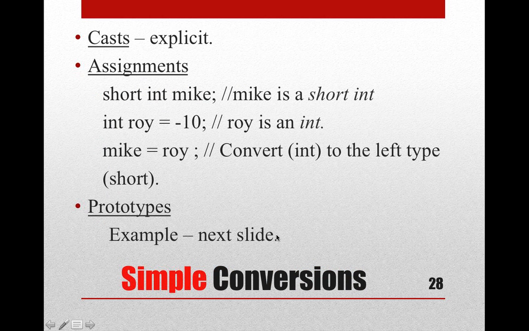I have one on assignments here. If Mike is a short and Roy is an integer, you're setting Roy equal to a short integer, and we'll convert the int to the short int when you do the assignment.